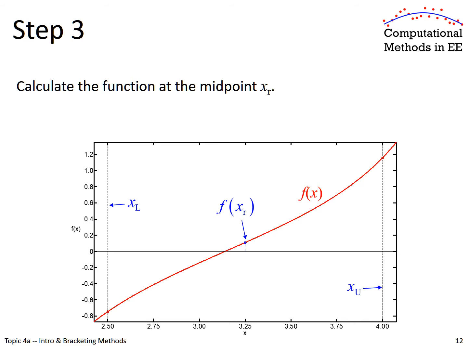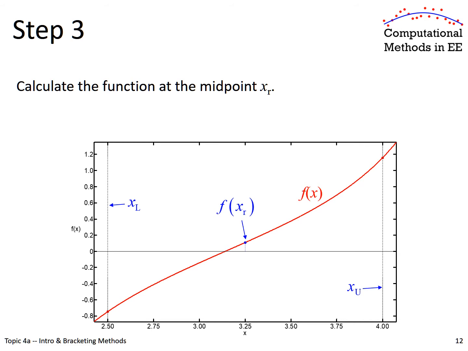So for example, in this slide, if we look at the function value at the lower bound and the upper bound, we see that there is a sign change. The fact that there's a sign change there means the root must fall somewhere between the lower bound and where we've just evaluated our function.